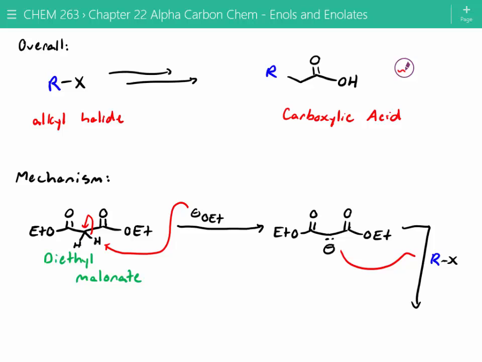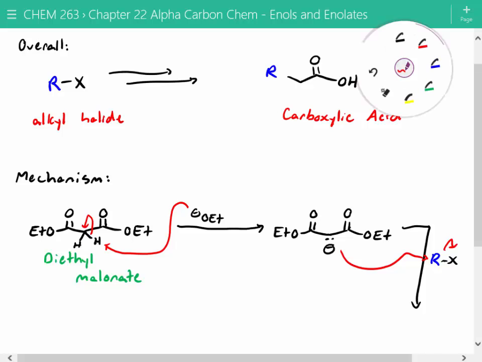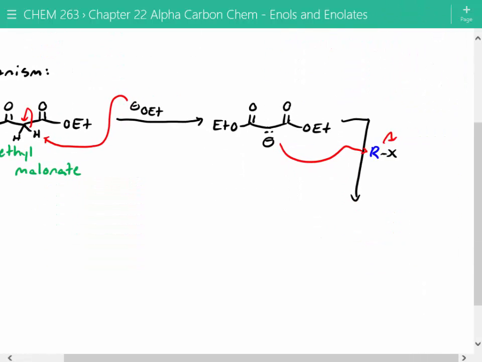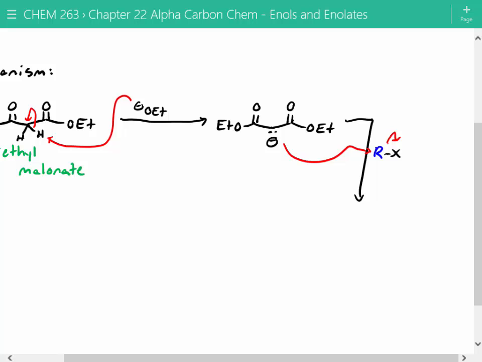And so our enolate can come attack our R group, kick off our leaving group. This is typical SN2 chemistry. Will it work if R is a tertiary carbon? No, it has to be a primary or methyl group carbon typically in order for this reaction to work well. So it follows the same SN1, SN2 rules that we've previously learned.